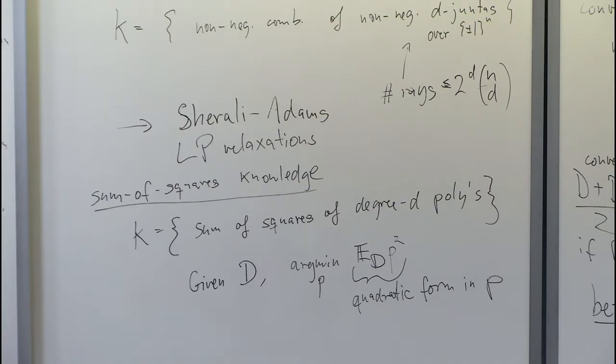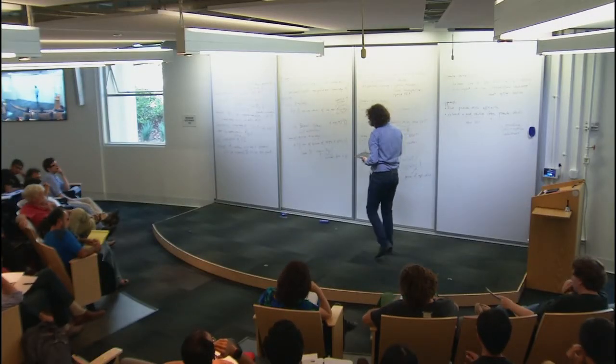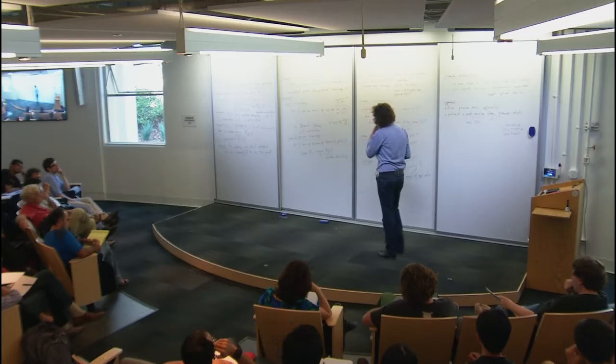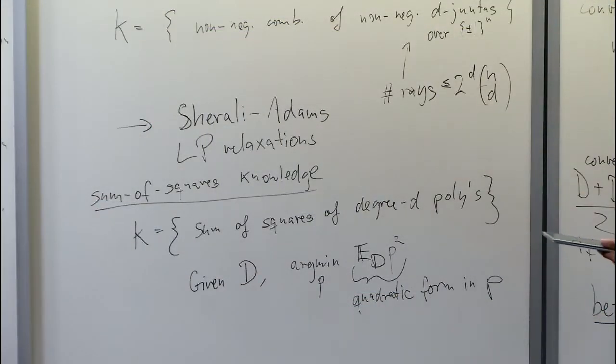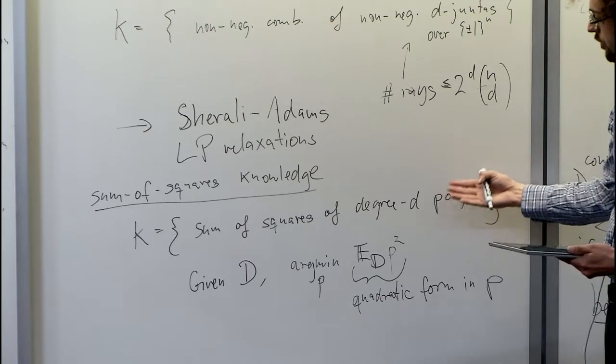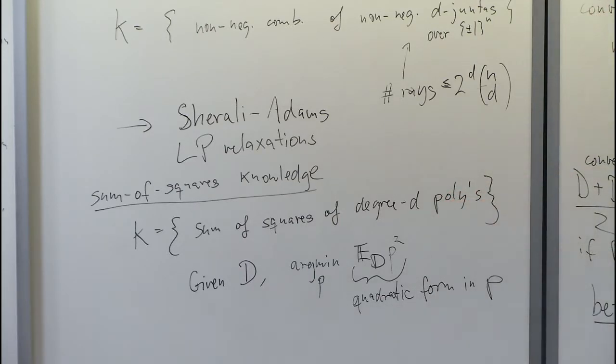Okay. Now, might be almost out of time. And so the point that I'd like to make here is that the sum of squares knowledge is surprisingly close to our real-world knowledge about low-degree polynomials. So if you give me a concrete low-degree polynomial inequality, then it's very likely that, at least in an approximate sense, it's captured by the sum of squares knowledge.